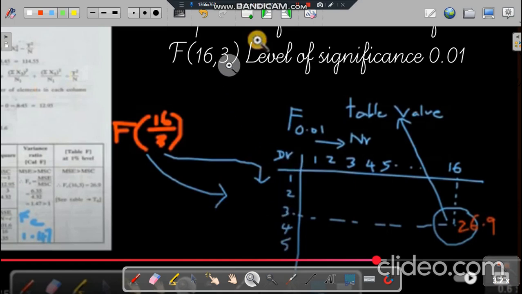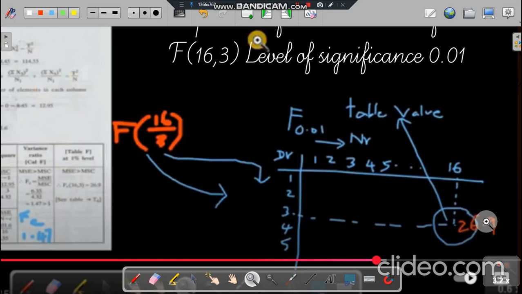So the degrees of freedom we have to see, 16 in the numerator direction, so we have here 16, and in the second one, degrees of freedom, we have to see on the denominator side 1, 2, 3. So the intersection of this and this gives you 26.9. So this is the way we can calculate the tabular value of F.